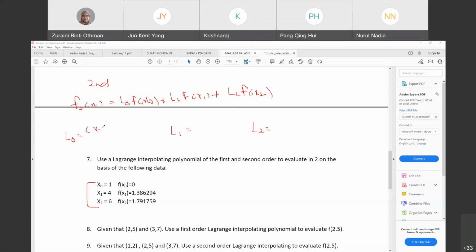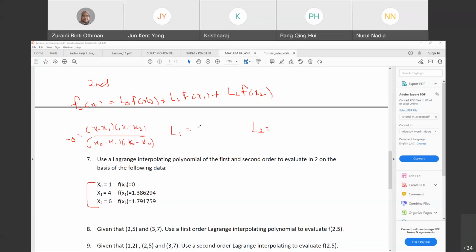Tapi tak perlu hafal pun sebab nanti final kan buka buku. X tolak X1, X tolak X2 dan yang bawah ialah X0 tolak X1. Yang ni ialah X0 tolak X2.